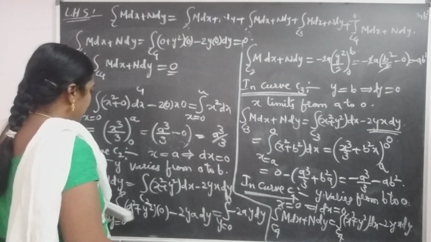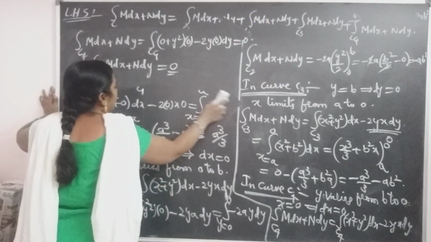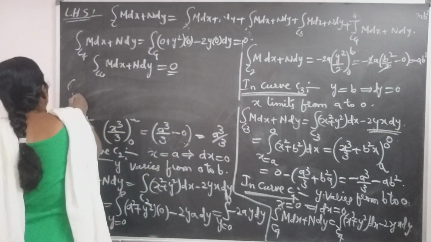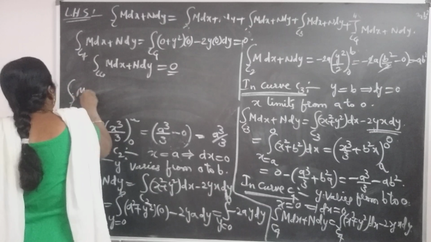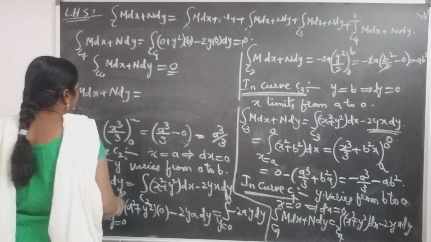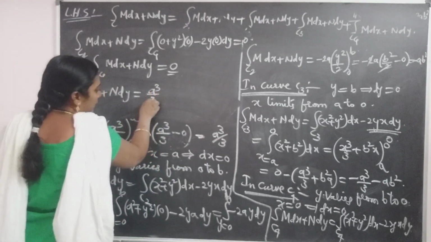So here we substitute all the curve integral values. The integral over C of m dx plus n dy is equal to: the first integral over C1 is a cube by 3.